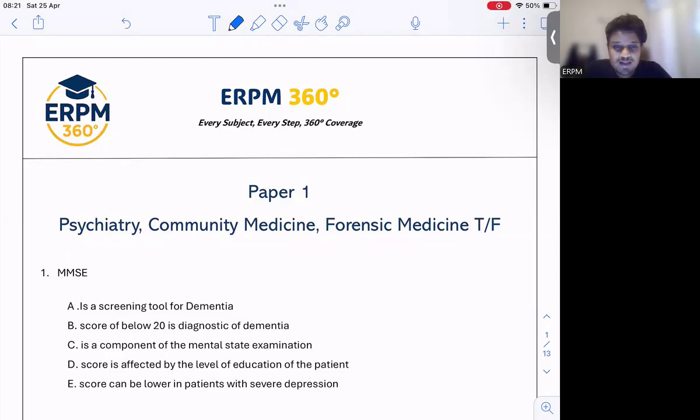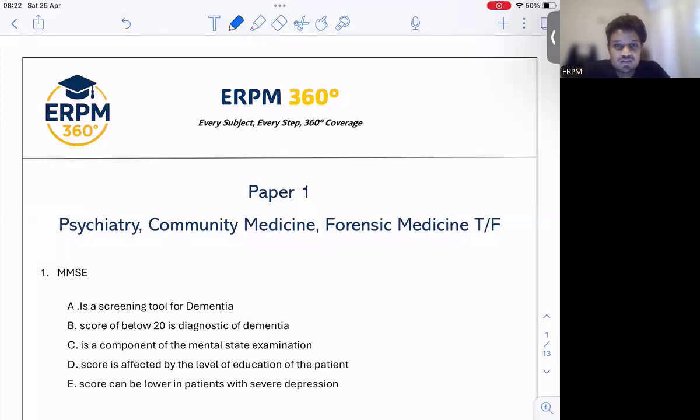Talking about this paper, out of these three subjects, the questions you get from psychiatry are pretty straightforward. So if you know the theory well and if you studied theory, you can score easily for the psychiatric component.